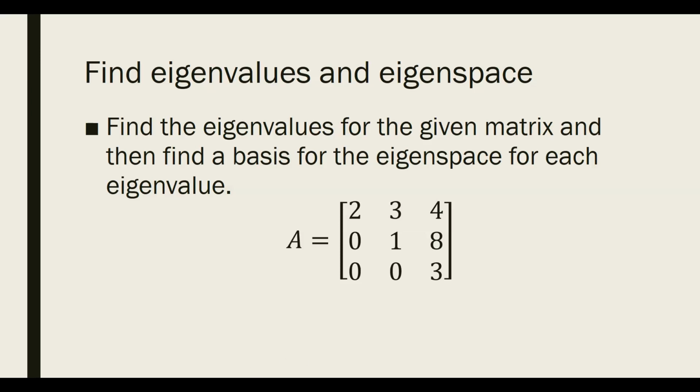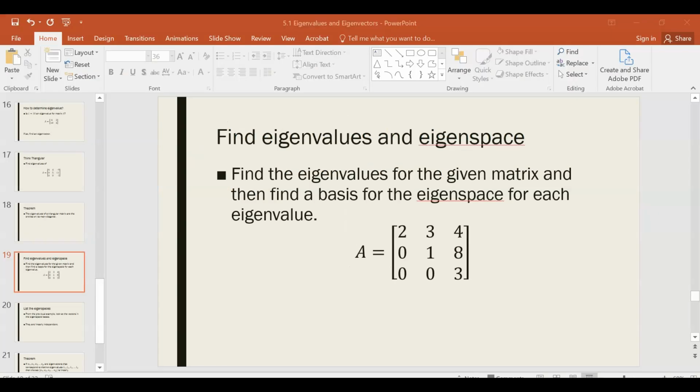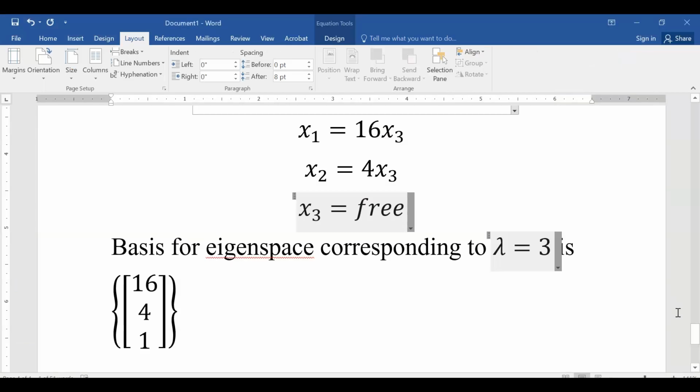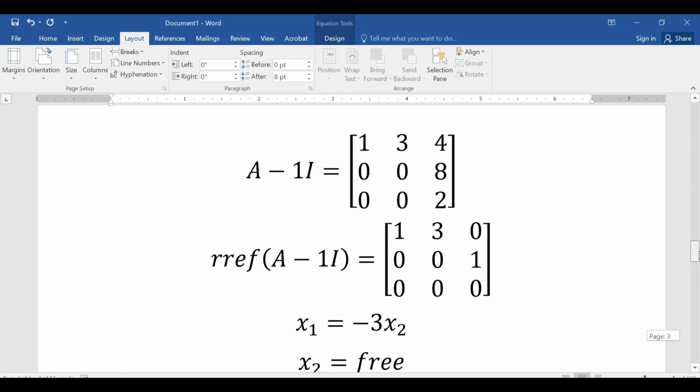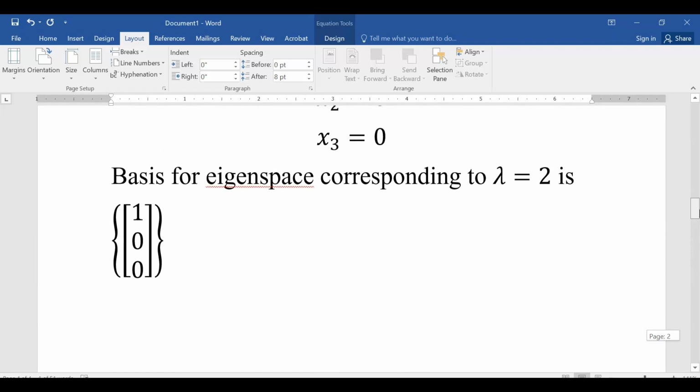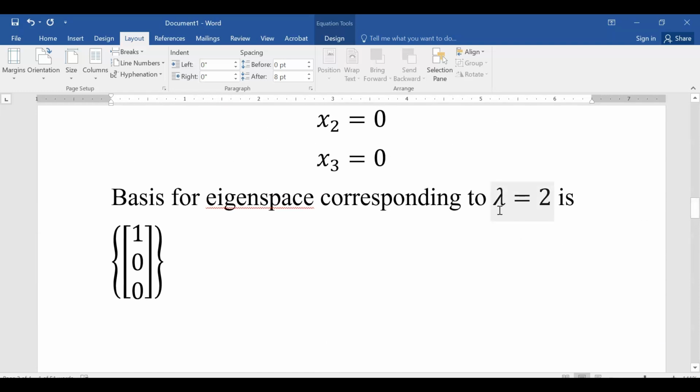Now, the other thing I want to point out about the eigenspaces can be shown if we look at the vectors in each basis all together. So let's go back and collect all the vectors that we had. With eigenvalue of 2, we got the vector 1, 0, 0.